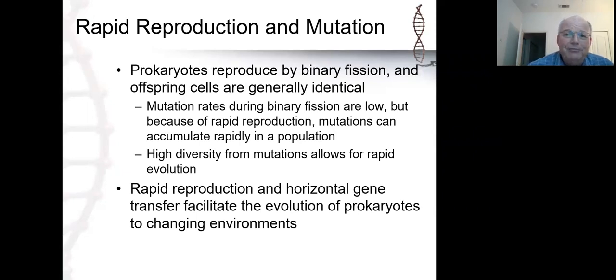We've already talked about that previously, and it's by binary fission, a form of asexual reproduction. And that does mean that they can transfer favorable mutations into the population really quickly. So that's a source of genetic variation, but it's what's referred to as horizontal gene transfer that really gives prokaryotes their advantage genetically.